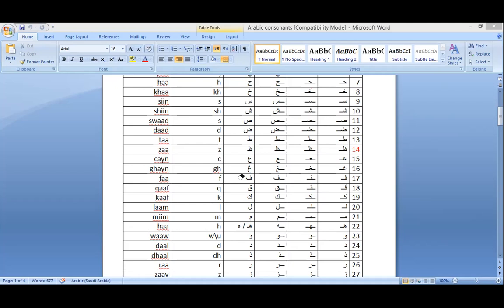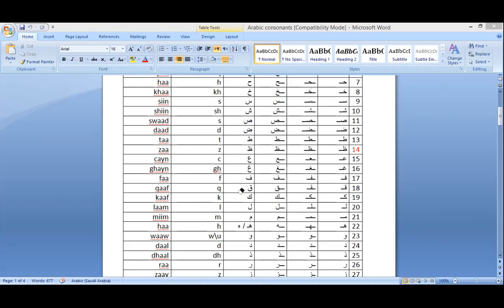The other one is Fa. This is the normal F, Fa, like Fatima, Farhiya, Faisal, Firdousa, Farah, Faraz, and Sharif, at the end, Fa.